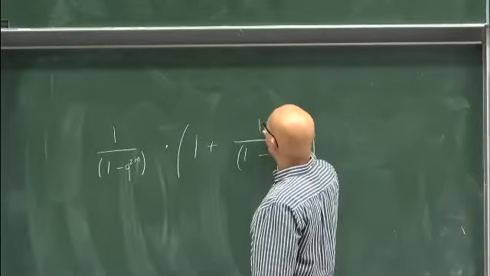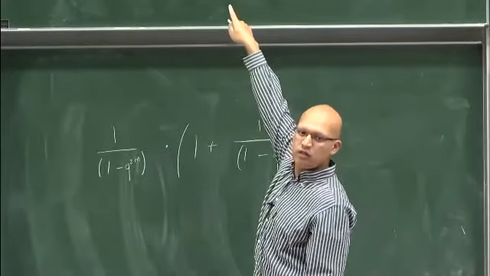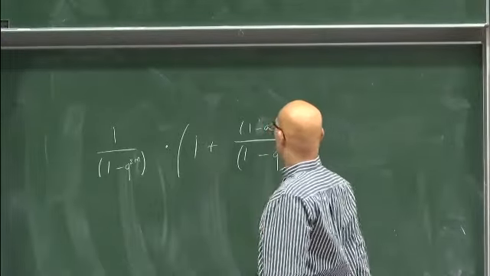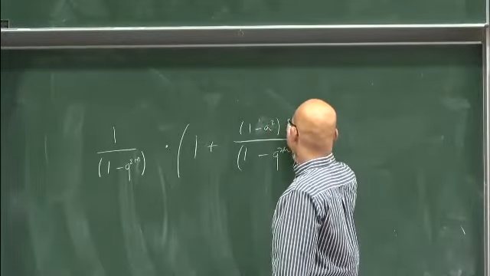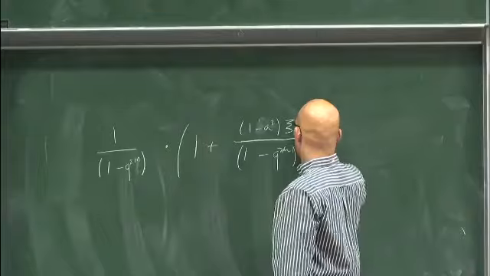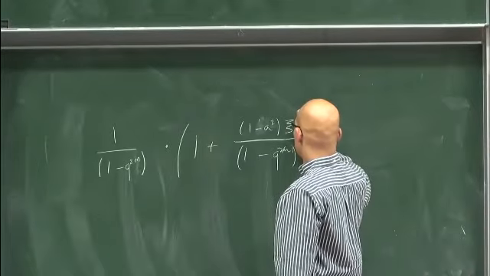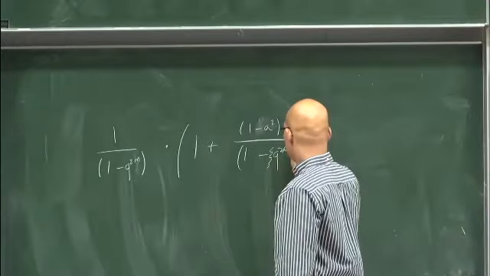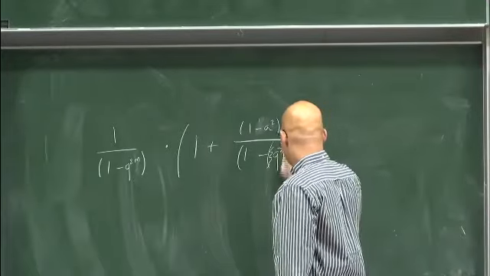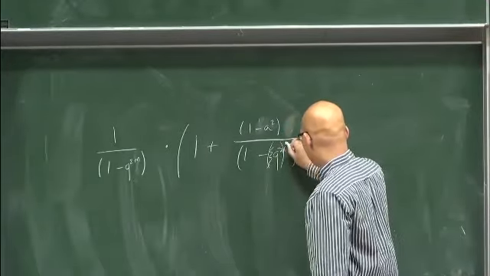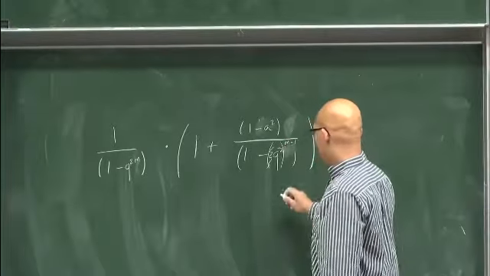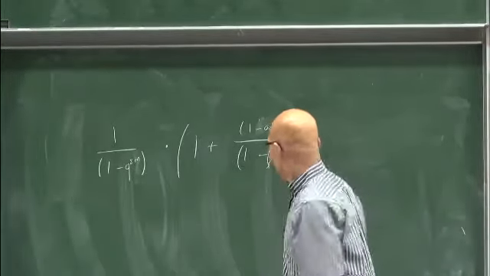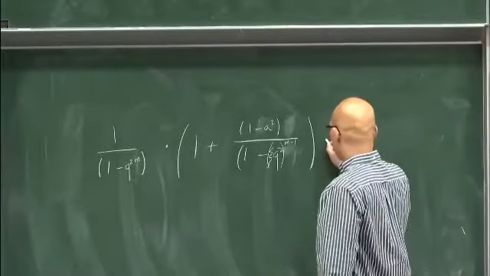Except, as soon as you have one of them, you've picked up a generator of your ideal. So I write here 1 minus a squared. And also I'm going to put another variable down there, and then it keeps going.